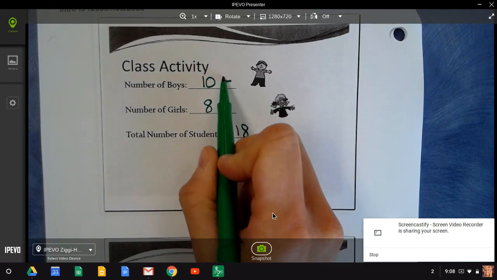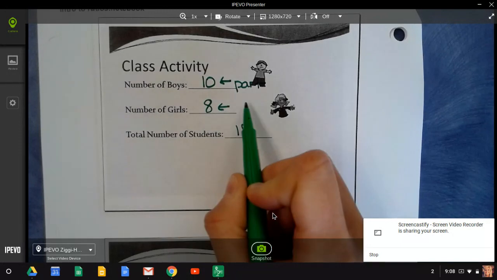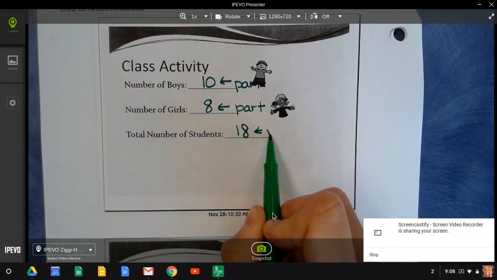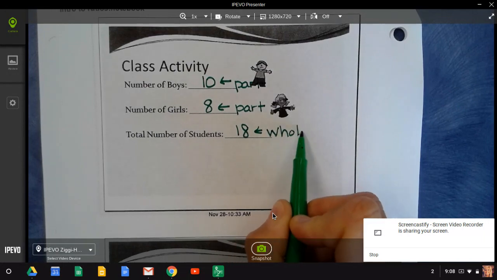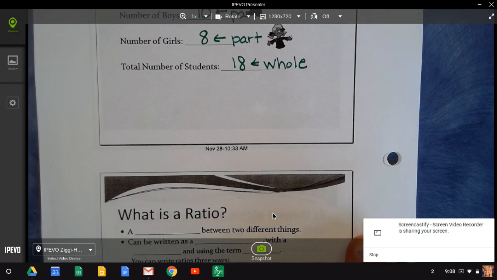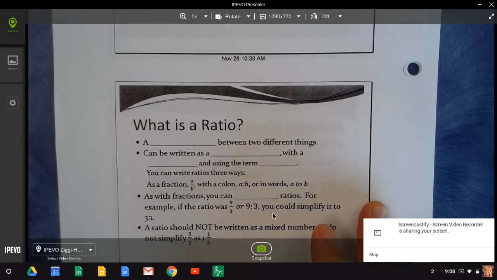Well, the 10 boys are a part of our classroom, and the 8 girls would be a part of the classroom, and the 18 would be our whole classroom. We're going to come back to this at the end of our video today, but right now, just keep that in mind.